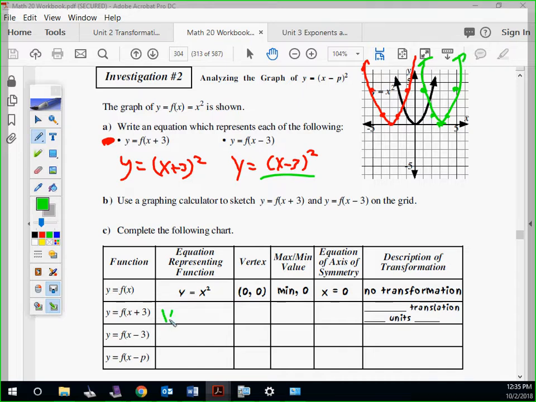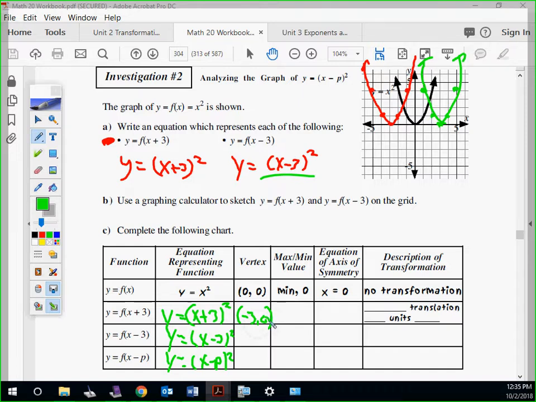So this is y equals x plus 3 squared, y equals x minus 3 squared, y equals x minus p squared. So for the vertex, the y doesn't change, but the x does. It's going to be negative 3, 0, because it moved left.